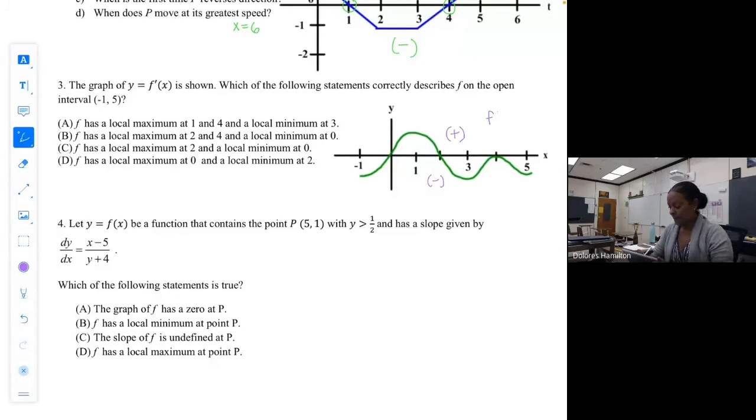So negative to positive occurs at 0, and that's the only place. So I only have one local min if we're all in agreement.